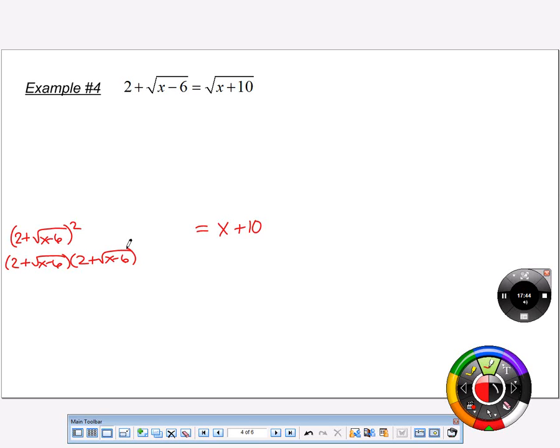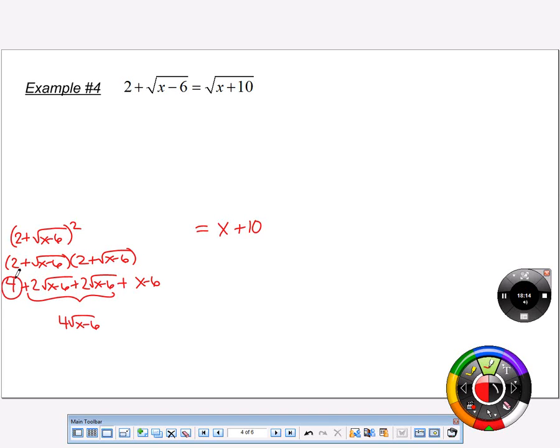So 2 times 2 is going to give me 4. 2 times this radical is going to give me 2 times this radical. The radical times 2 gives me 2 times the radical. And the radical times itself gives me the stuff inside the radical no longer in the radical. Is that okay with everybody? Like rad 3 times rad 3 is just 3. All right, these are like terms.